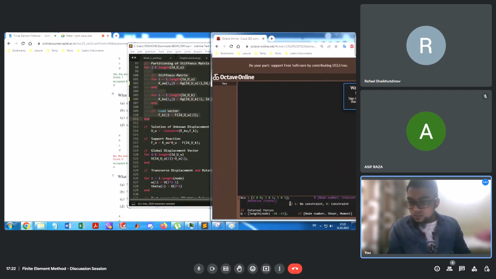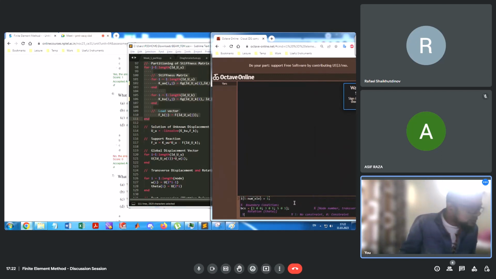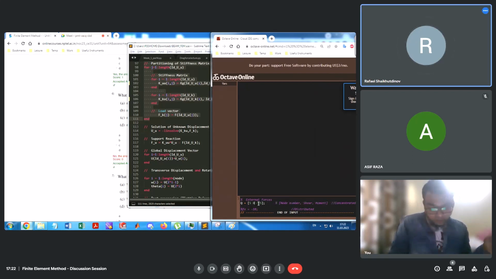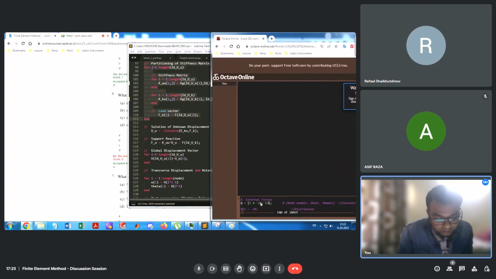Now other part, in the external forces also we need to modify. So in the external forces, in the node number 5, it's 50 minus 20, and in 7, no, no, 7, 7, yeah, 7.